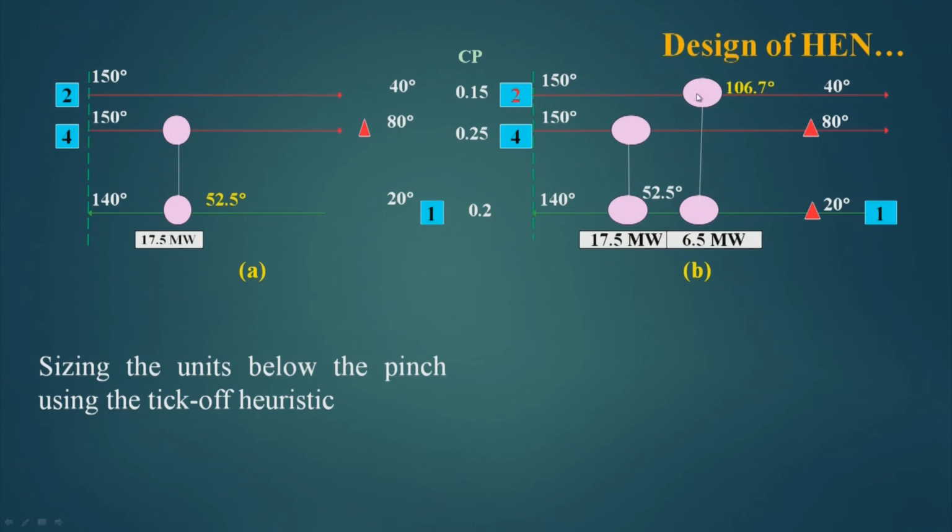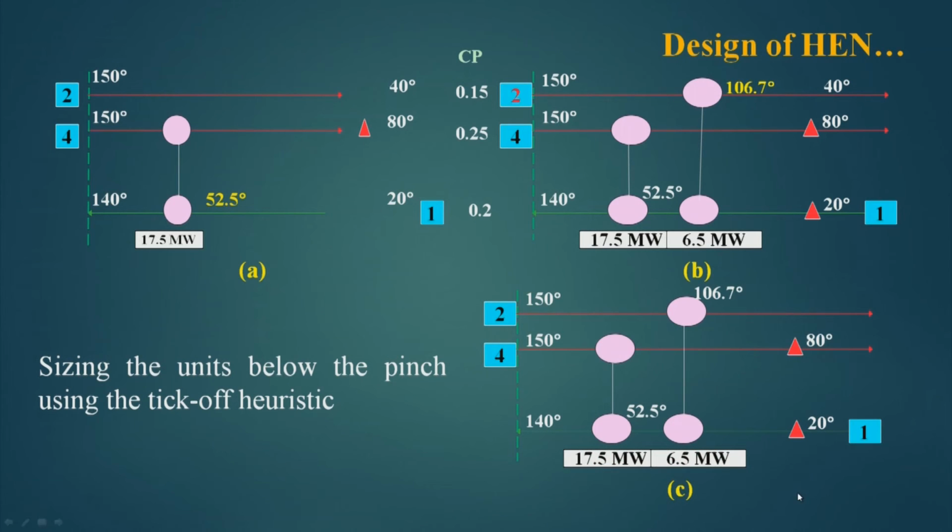So, once this load is put, the temperature 150 drops down to 106.7, but this has to be further dropped to 40 degree centigrade. So, you need some sort of heat exchanger here with 10 megawatts capacity. So, we will put a cooler here of 10 megawatts capacity, and if we do so, this will reach 40 degree centigrade and this stream is ticked off.